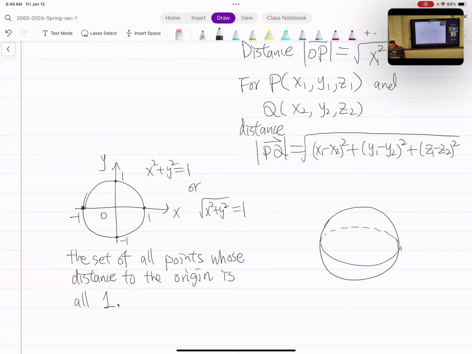Basically, on a sphere, all the points have the same distance to the origin, to the center of the sphere. So x squared plus y squared plus z squared equals 1 just says the square root of the sum of squares equals 1. That says the distance from whatever point on the sphere to the center, to the origin, is 1. Right?